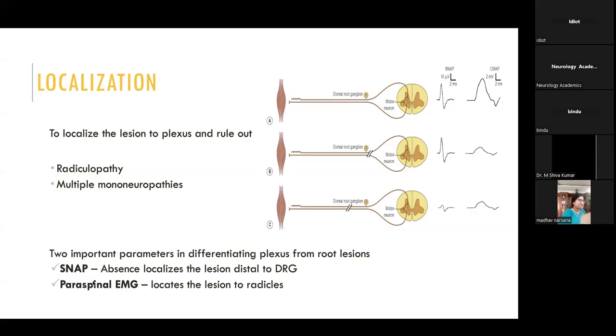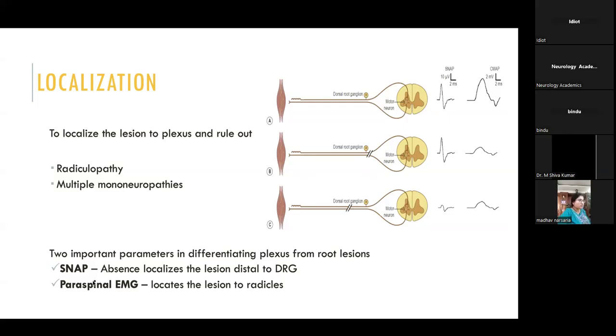As the plexopathy is distal to the DRG, SNAPs are absent. Paraspinal muscles are spared in pure plexopathies, so paraspinal EMG is normal in plexopathies, and if the paraspinal muscles are involved, then it is more likely radiculopathy or radiculoplexopathy.